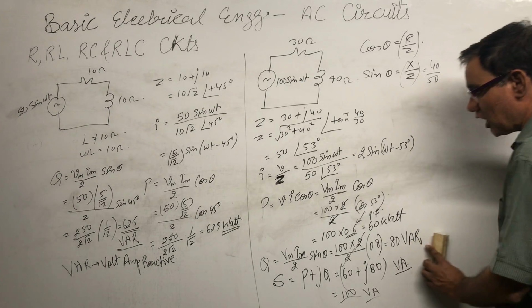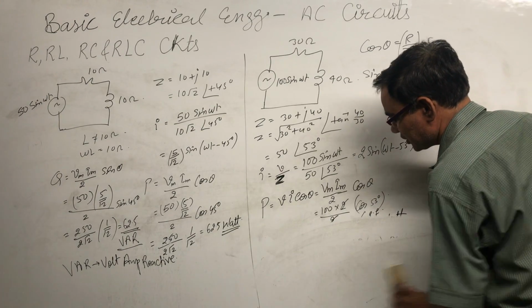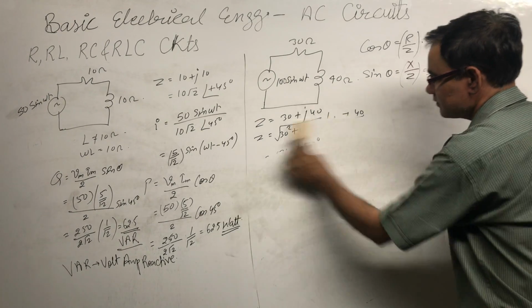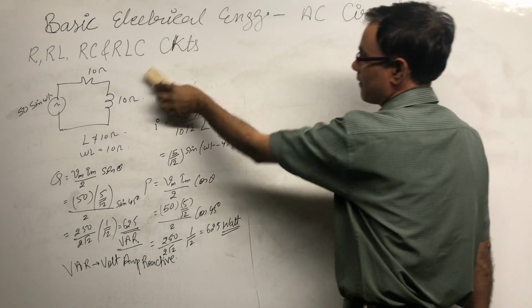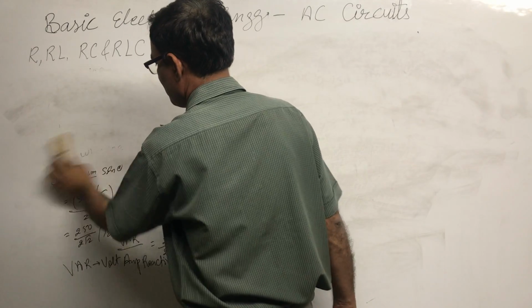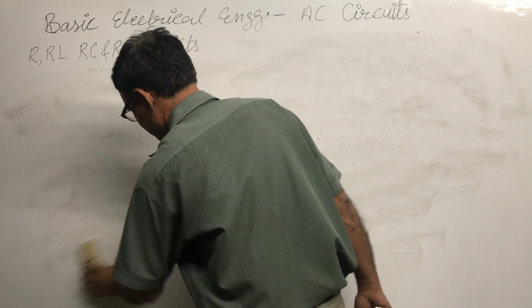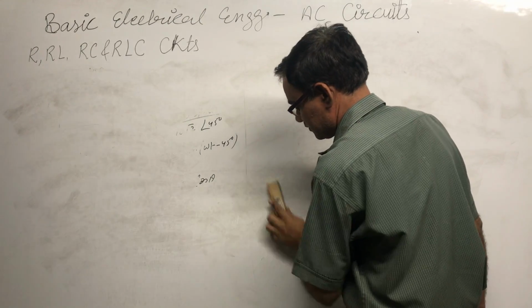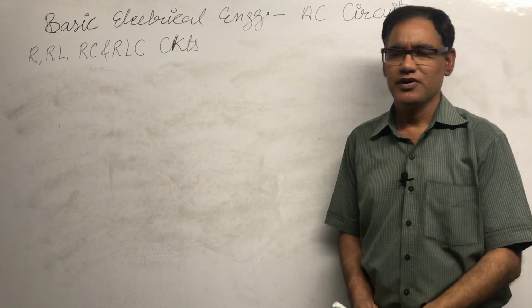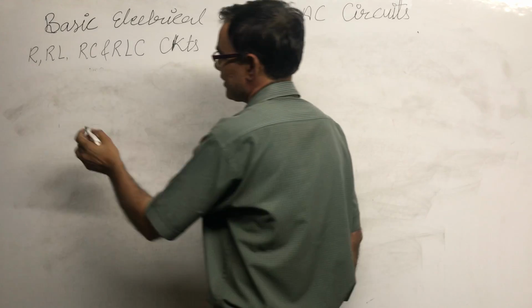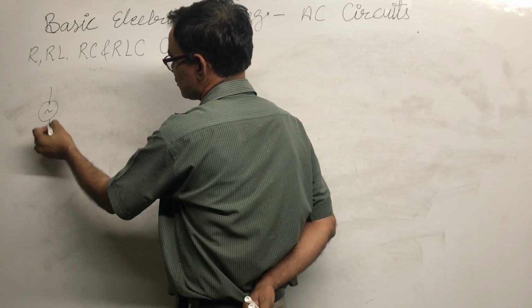Okay, we are taking the next example, for an RC circuit. RC circuit means firstly we are taking a simple circuit that consists of two elements.